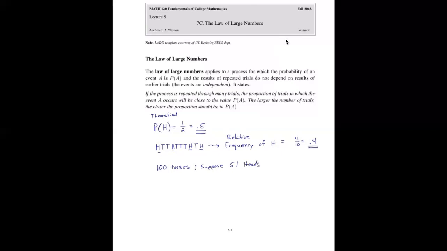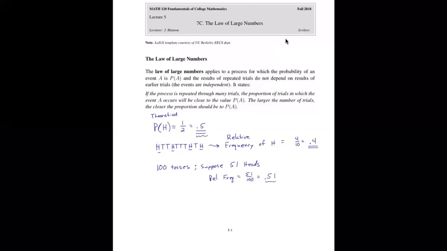Well then our relative frequency in this situation comes out to 51 over 100, and that's equal to 0.51. And what we see is that this number here is getting quite a bit closer to the number 0.5. Now, we didn't actually do this, but we could do this. We could verify it experimentally, flipping a coin a bunch of times, or even simulating it with a computer.